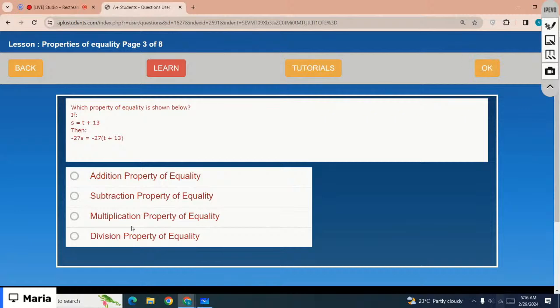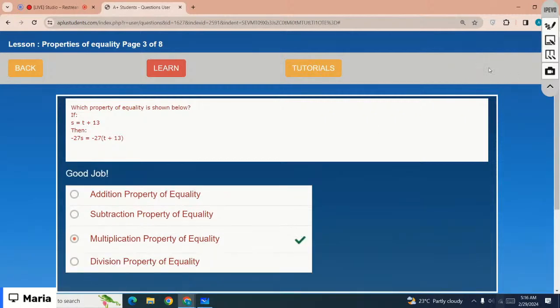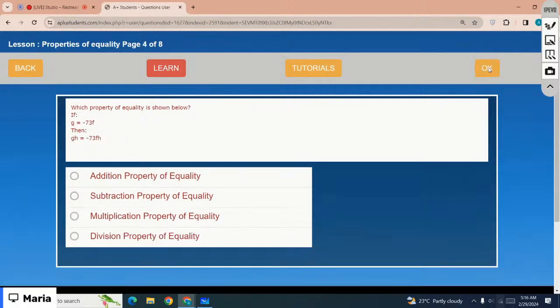Okay, the next question is, which property of equality is shown if G equals negative 73F, then GH equals negative 73FH.